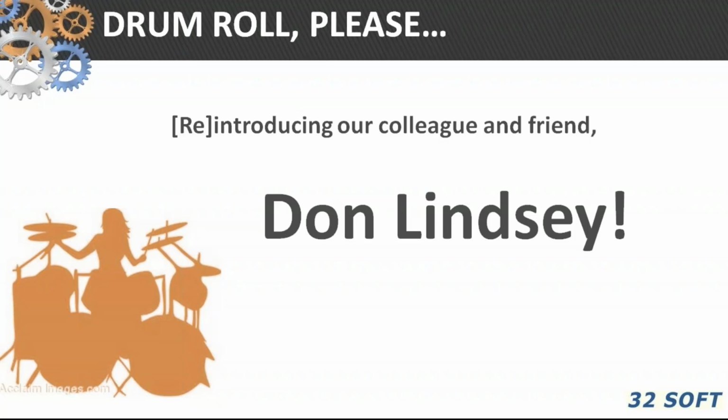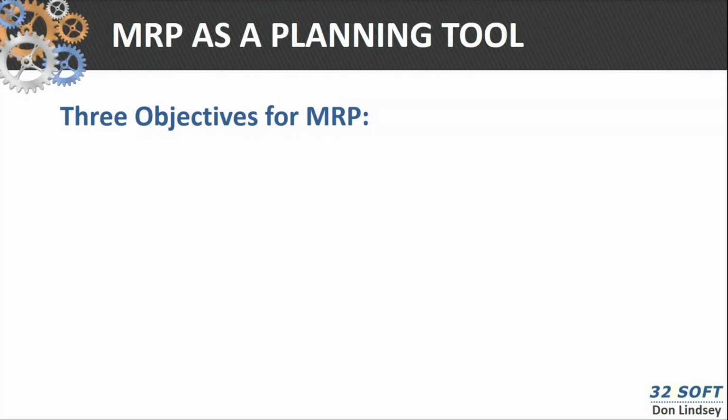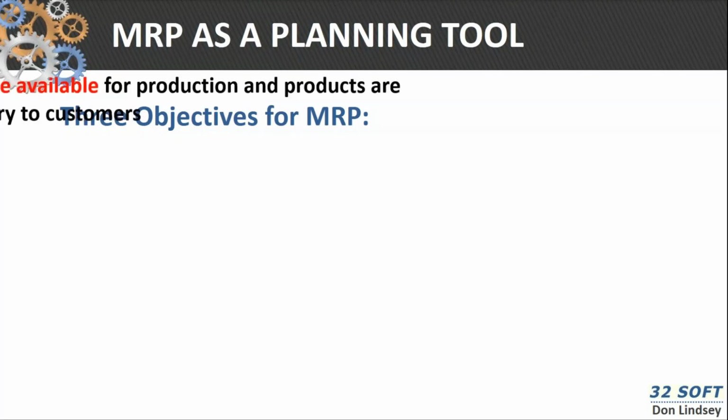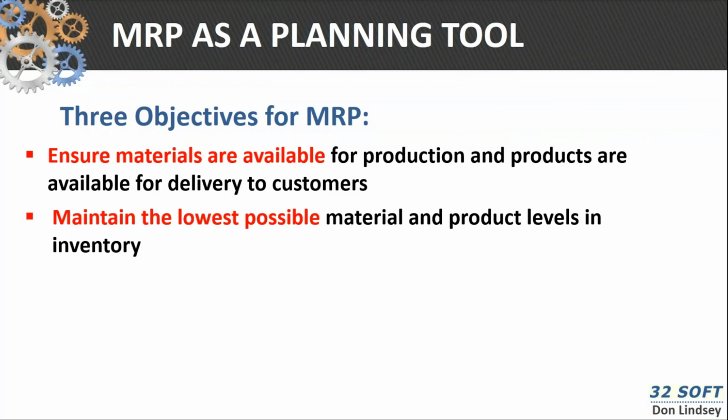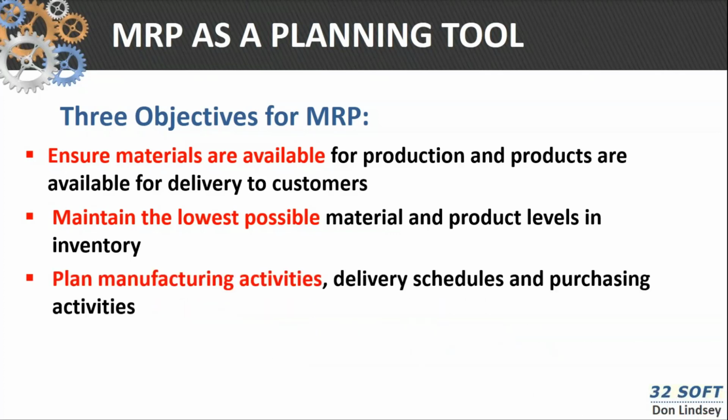MRP basically has three objectives. The first is to make sure that you have materials available for production and for the products that you're going to produce. It also allows you to maintain the lowest possible inventory and production levels of your items.